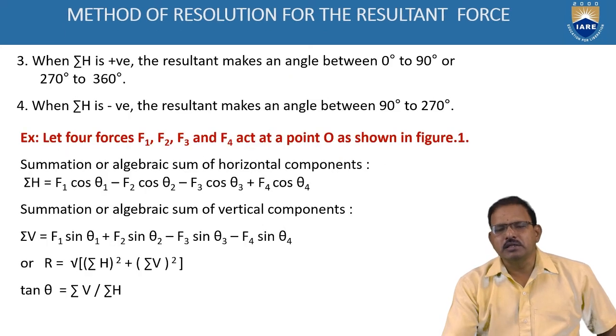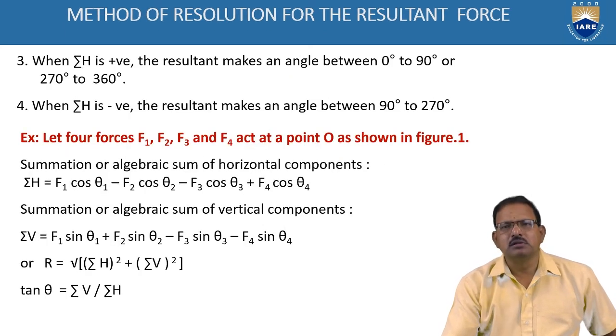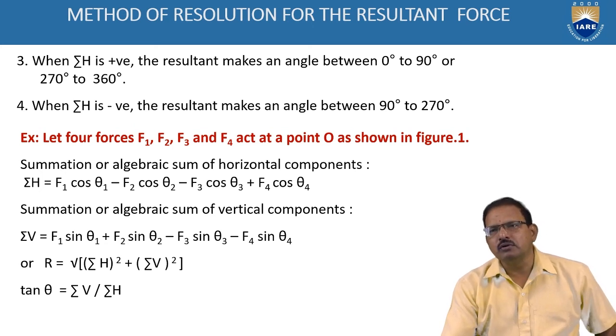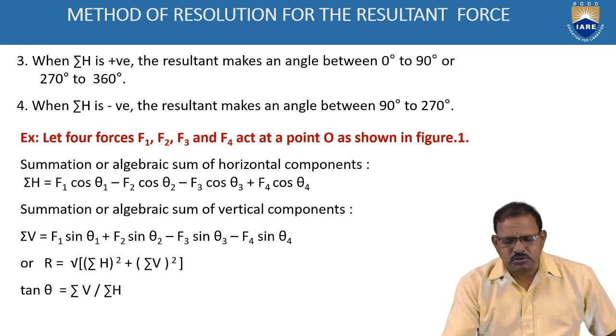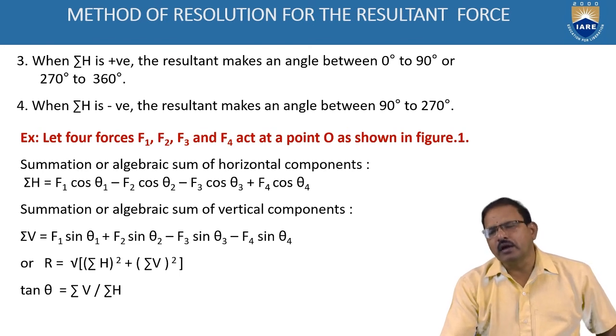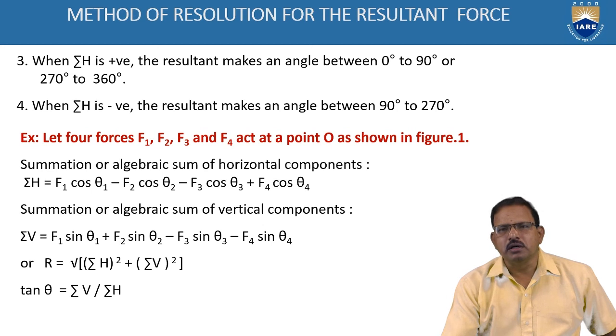When sigma H is positive, the resultant makes an angle of 0 to 90 degrees. Or in other words, when sigma H is positive and sigma V is positive, the resultant always makes an angle which lies between 0 and 90 degrees.